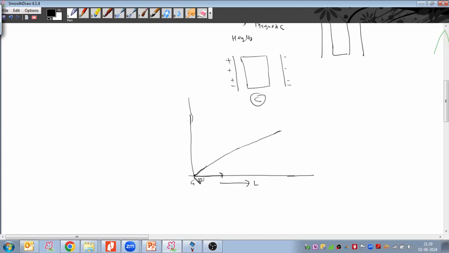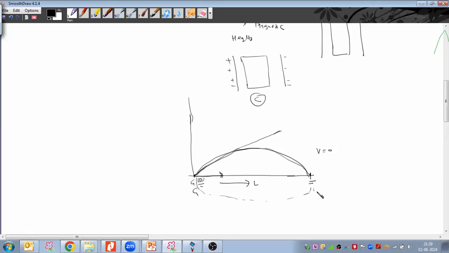So if I have done grounding at both ends, what will happen? Then this graph would be like this. Here it is 0, and when I'm going away, voltage is inducing, but at the end again I have done bonding here. So my induced voltage is 0 here, but what is the disadvantage?